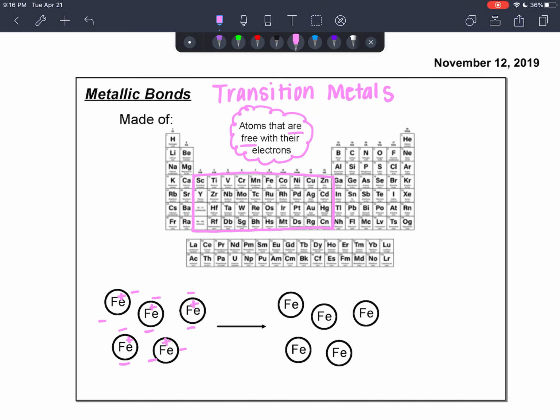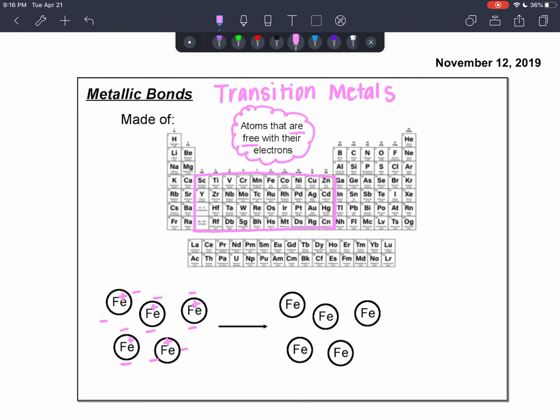Because what they do with their electrons is they kind of throw them together in a pool. And that pool is able to move all around as it's attracted to different atoms. So these electrons end up being kind of like a sea of electrons, while your irons are positively charged, like this.